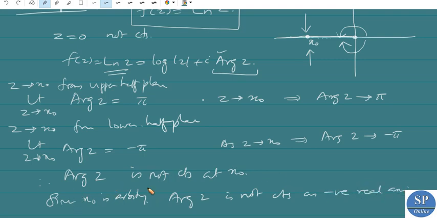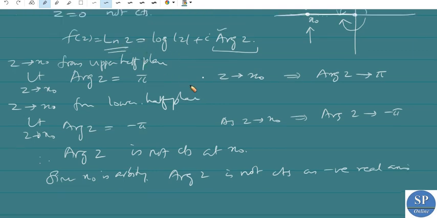Argument of z is not continuous implies ln of z is also not continuous. So we can say that f of z is equal to ln of z is discontinuous at all points on the negative real axis.